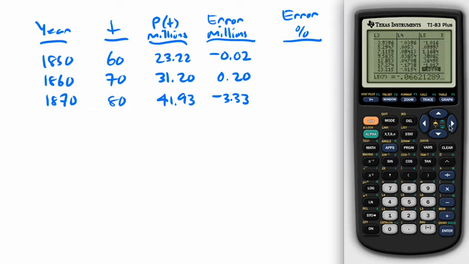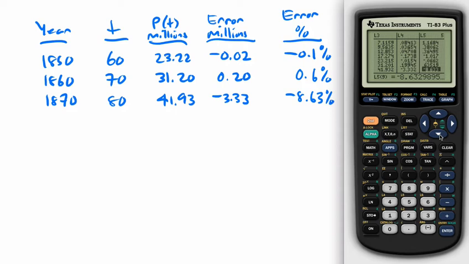There's the negative 0.1%. At t equals 70, the error is 0.6% higher. And then, bad news, in 1870, when t is equal to 80, it's negative 8.63%.